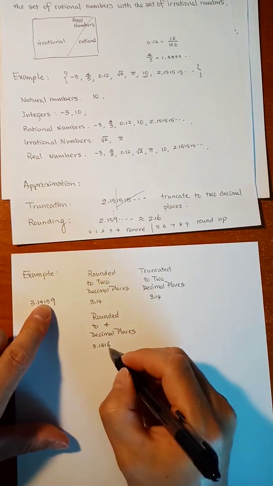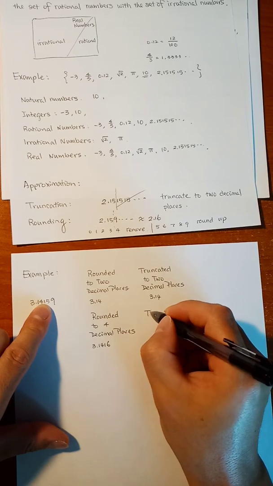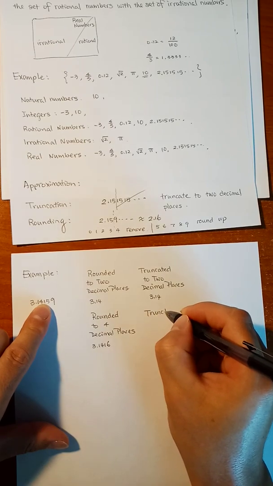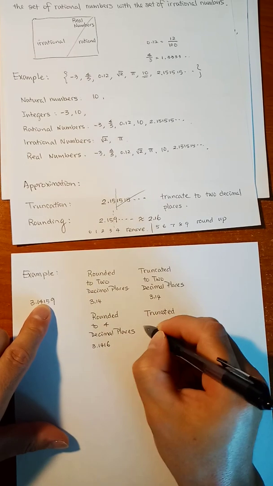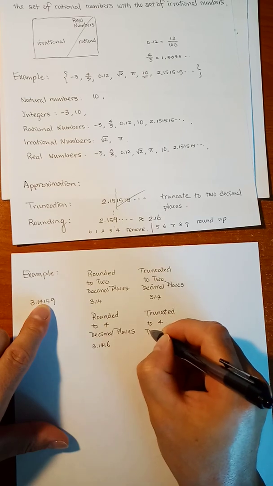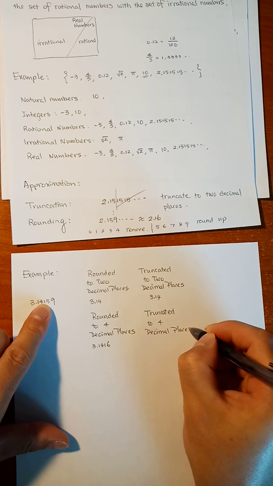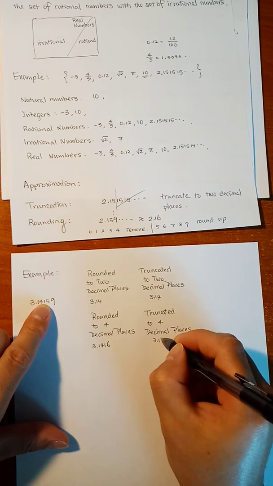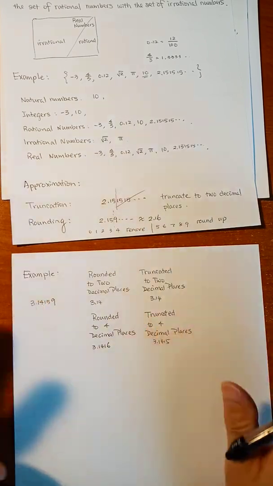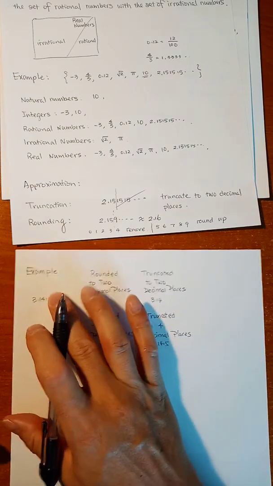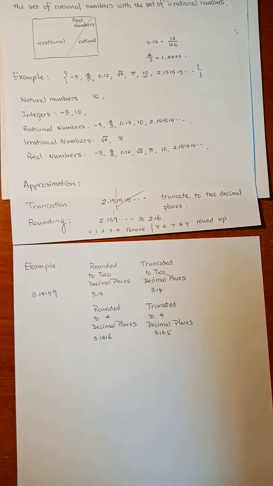You have to change 5 to 6. But if the number is truncated to 4 decimal places, you will simply copy 4 decimal places, and that's enough. You don't even look at the next digits. So that's truncation and rounding.